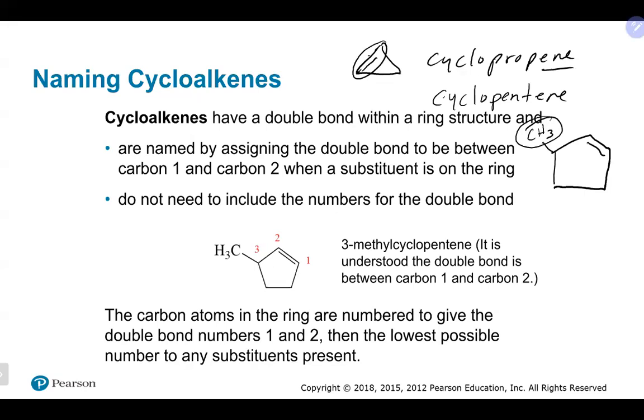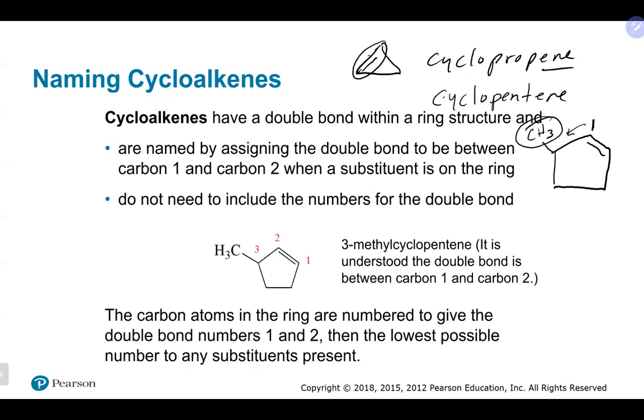So we want to number whichever way will give the group the smaller number. There's a really important rule, though. You may think, well, if this is carbon number 1, I could just hang to the left, and then that would be at number 2, which would be a small number.